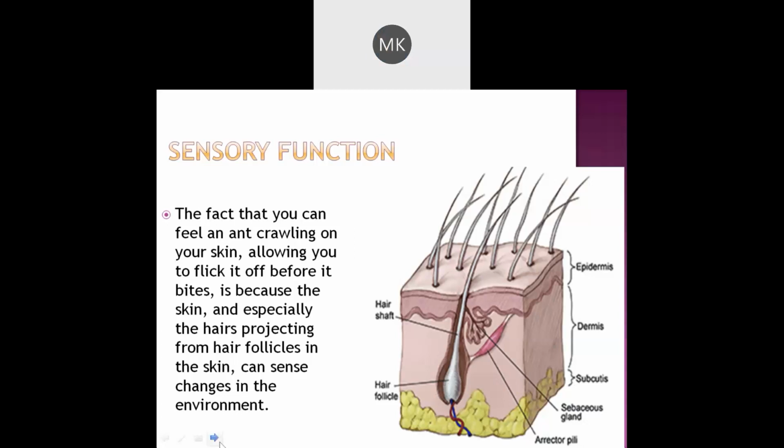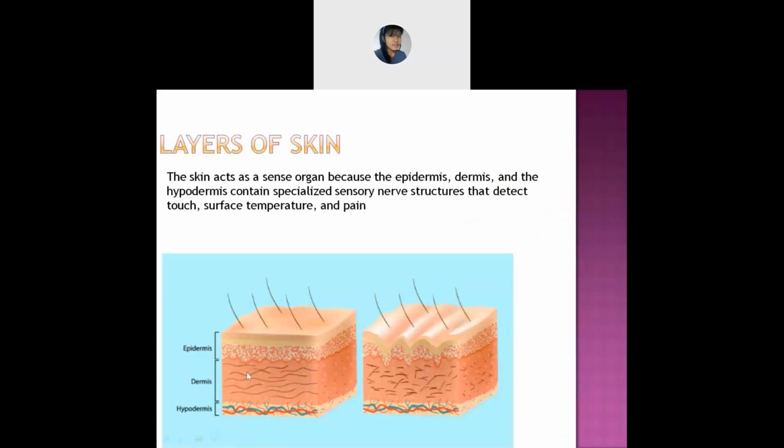Okay. Next is layers of the skin. We have already discussed this, but we will discuss it one more time. So the skin acts as a sensory organ, meaning you can feel the changes occurring around you.